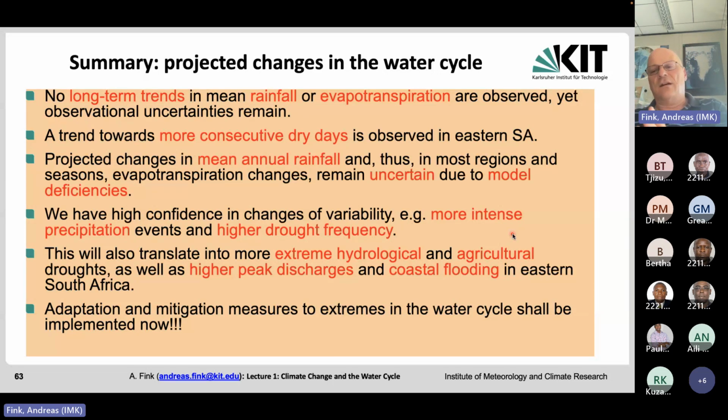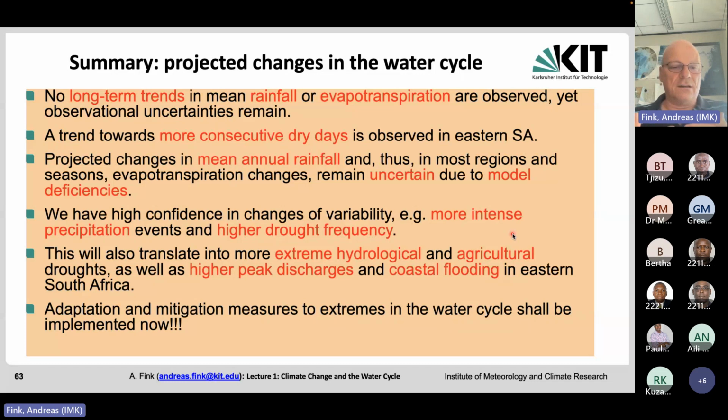Yeah? And what I have not listed here, with medium confidence, is when it rains, it rains more intensely. The projected changes in mean annual rainfall in your region, and also therefore evapotranspiration changes, remain uncertain due to model deficiencies here. Yeah?